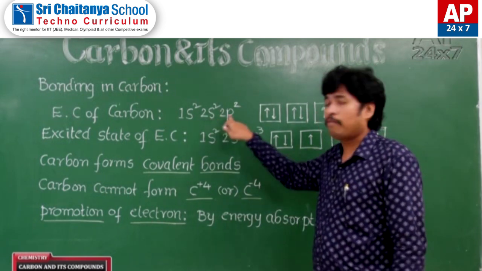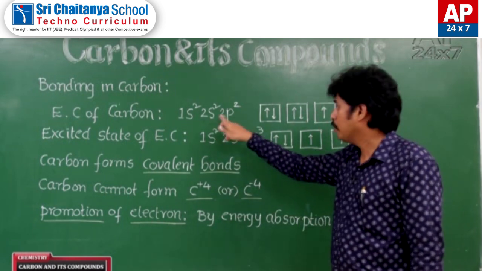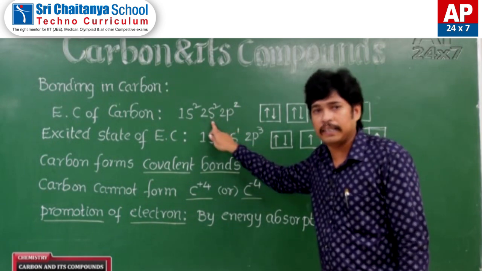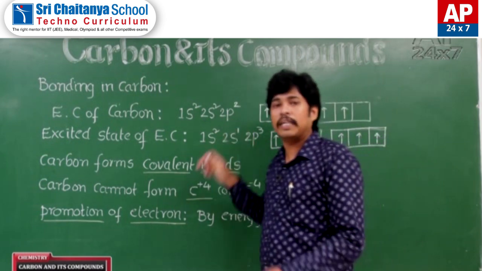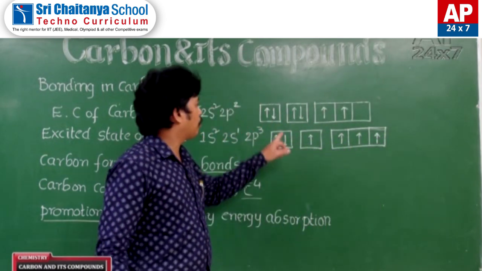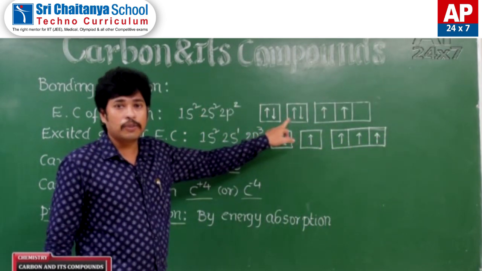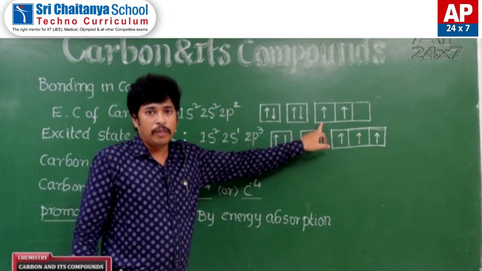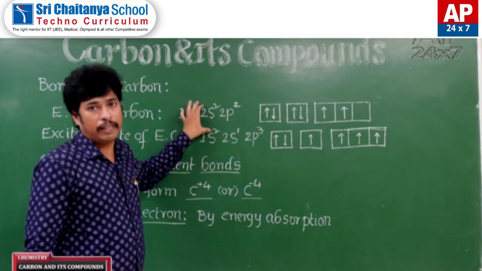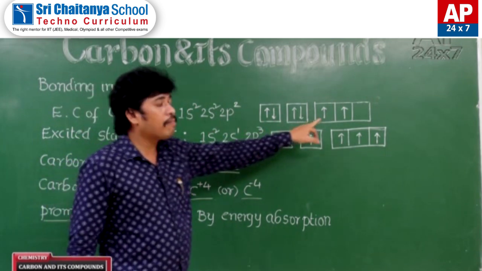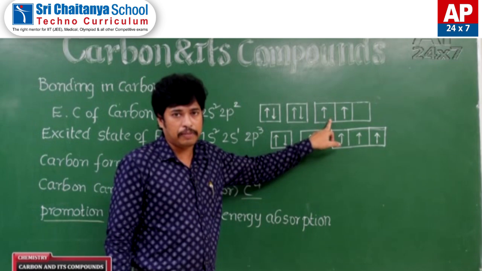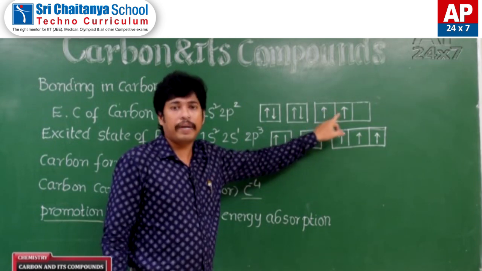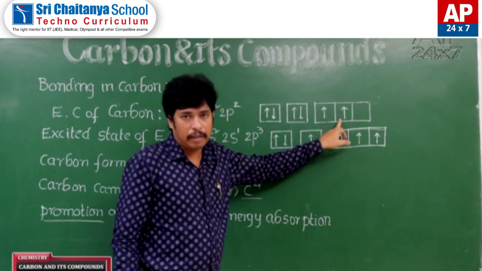These are the 4 valence electrons we can observe: 2 electrons are present in the s subshell and 2 electrons are present in the p subshell. Now, as per the ground state electronic configuration of carbon, how many unpaired electrons can we observe? 2 unpaired electrons are present in carbon.